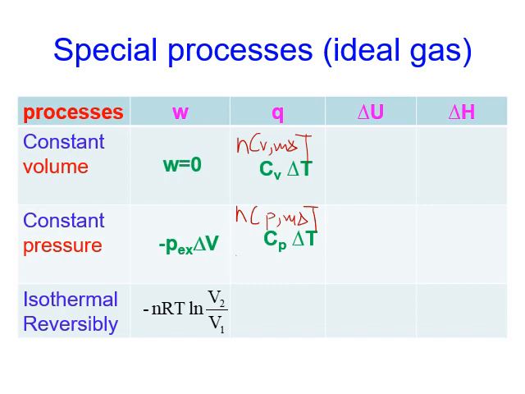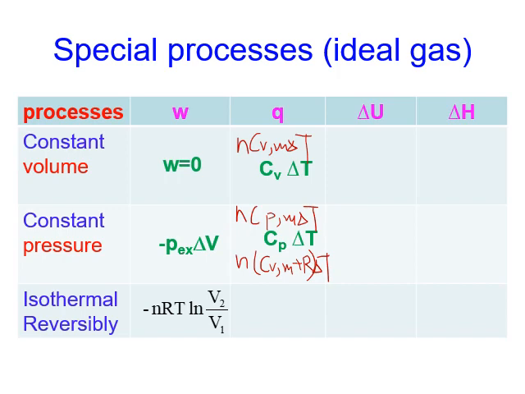We use n times Cvm plus R, times delta T. So how do you calculate Q in an isothermal reversible process? We don't have a heat capacity for this process, but we can calculate it if we know the internal energy change.